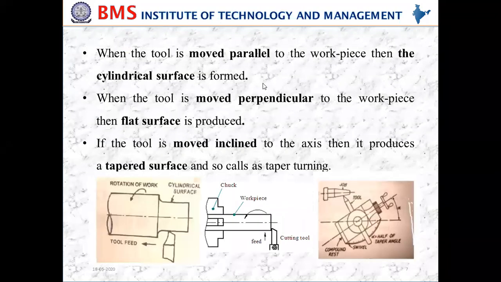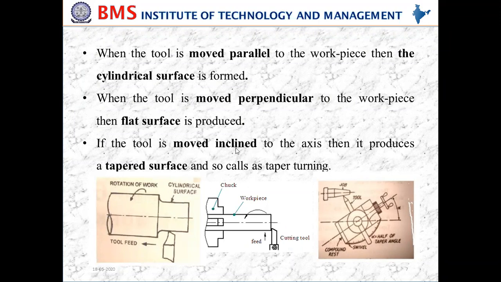When the tool is moved parallel to the axis of the rotation, parallel to the axis of the workpiece, then the cylindrical surface is going to be obtained. See, this is the axis of the workpiece, and if the tool is moved parallel to this axis, then I'm going to get the reduced cylindrical surface.